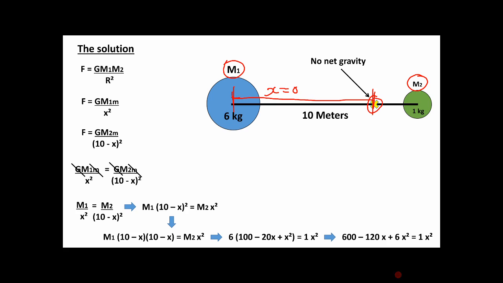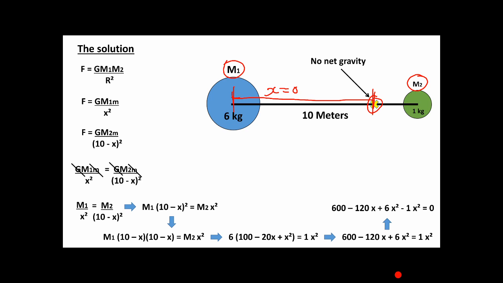Now we've got to think about how we're going to rearrange this to derive our quadratic formula. So we need to start thinking of a 0 at the end there, so I'm going to subtract 1x squared from each side, and that gives us the 600 minus 120x plus 6x squared minus 1x squared equals 0.